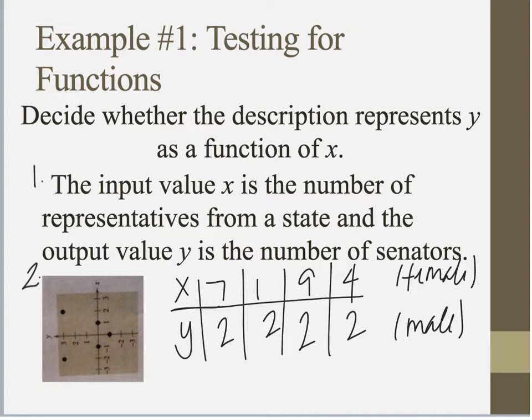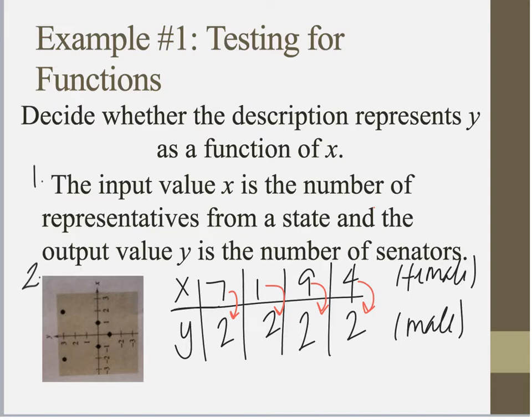So each female is actually very faithful in this situation because, for example, 7 only goes to 2, 1 only goes to 2, 9 only goes to 2, and 4 only goes to 2. So in this case, this is considered a function.